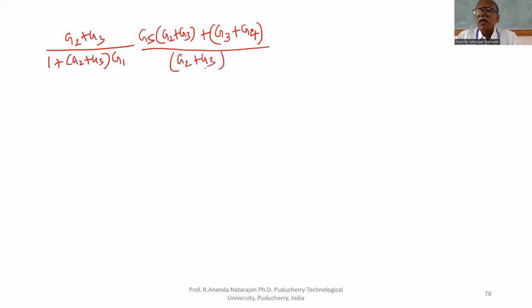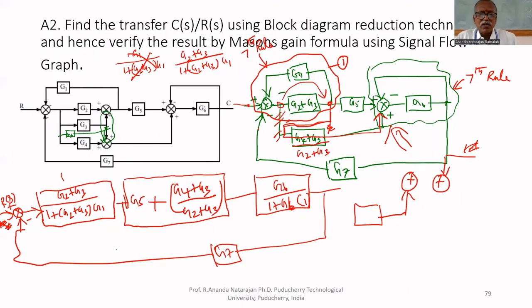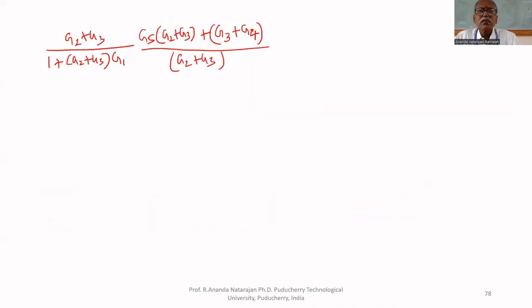Am I correct or not? I'm taking LCM for this block. For this, G2 plus G3 is the LCM. That's why G5 should be multiplied by G2, G3, G4, G3. So that's all.